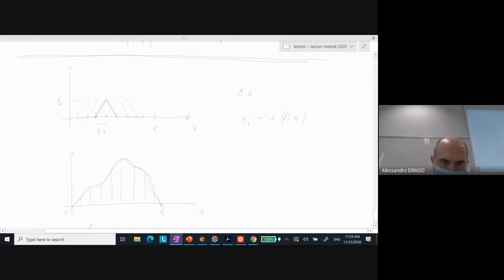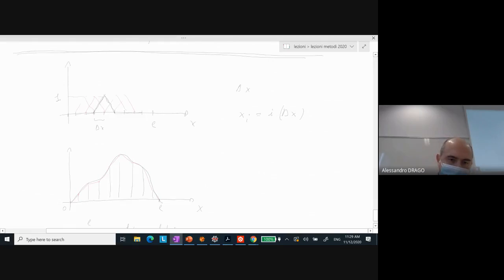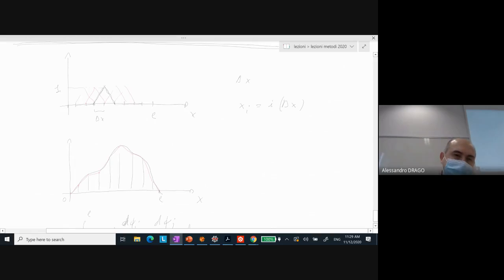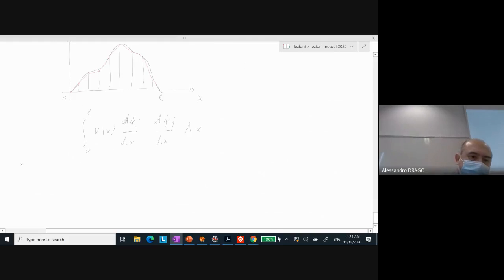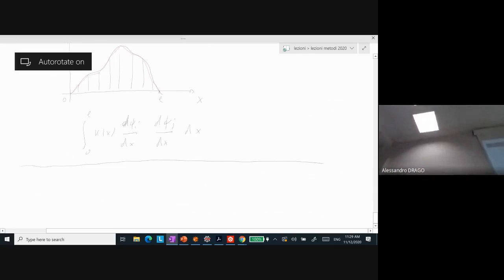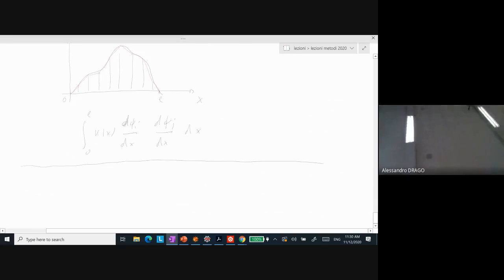The idea, as I said, is to build a basis made of objects like this one, sort of triangles. But let's try to be a little bit more formal today. How do we build such a basis, and are we sure that it is really a basis, etc.